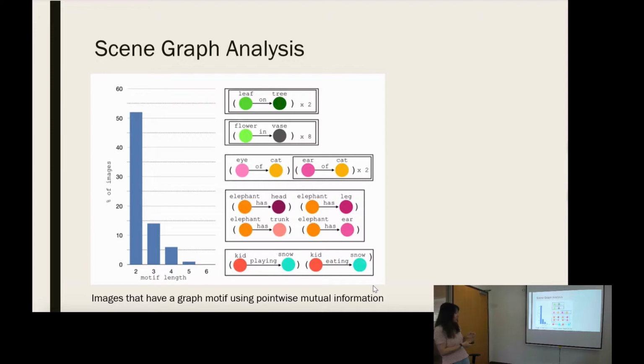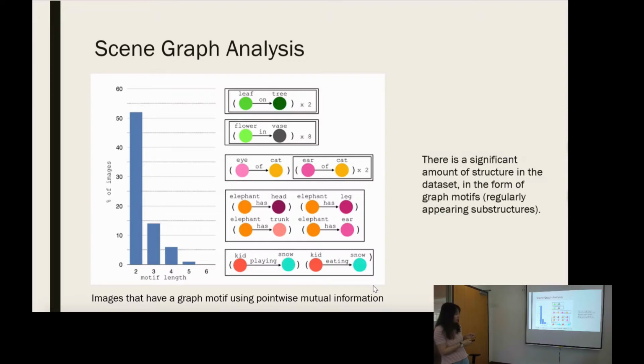In the images, we calculated that there are a lot of repeated patterns. More than 50% of the images in the dataset have at least two lengths of the motif. So this is all about the global thing.